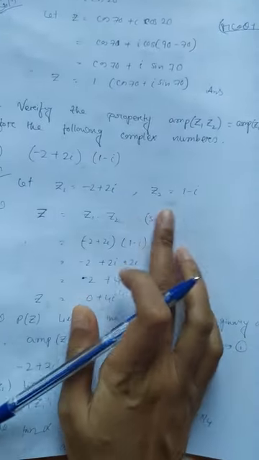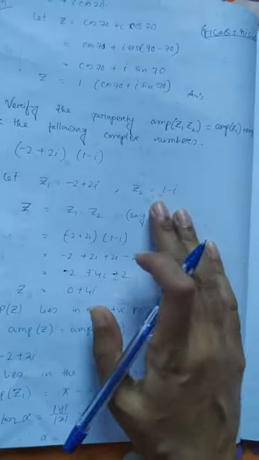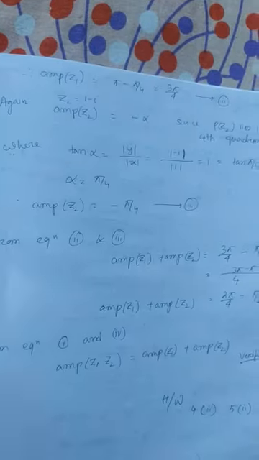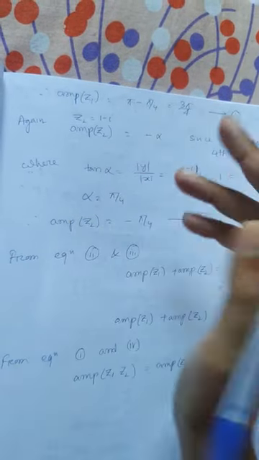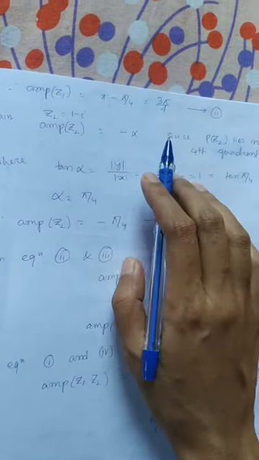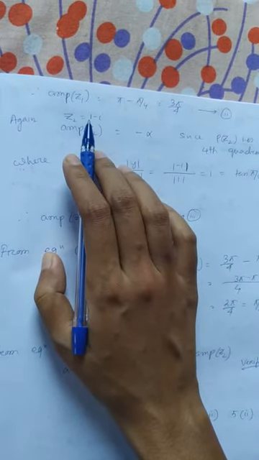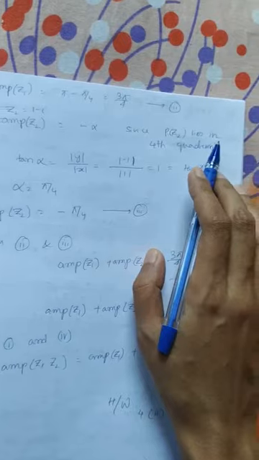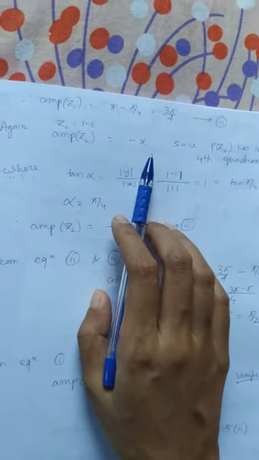Now see here, z2 is 1 − i, so I have to find the amplitude for this z2. The amplitude of z2 will be −α. Why? Because for z2, the point 1 − i has x positive and y negative, so it will lie in the fourth quadrant, and in the fourth quadrant the amplitude of z2 will be −α.